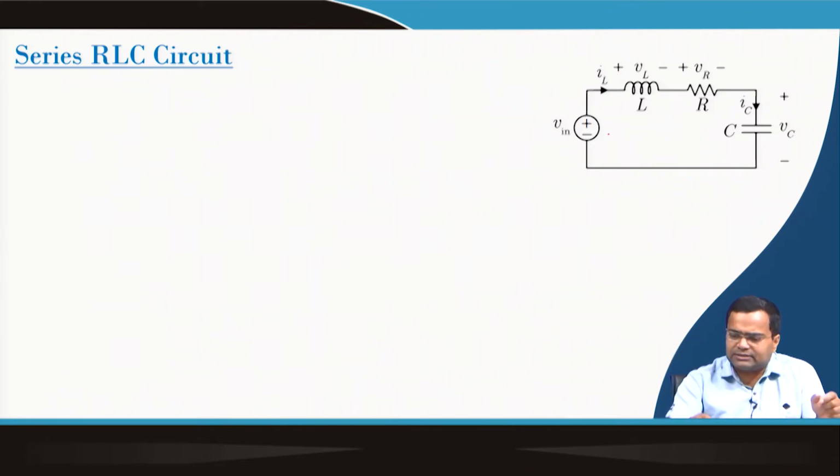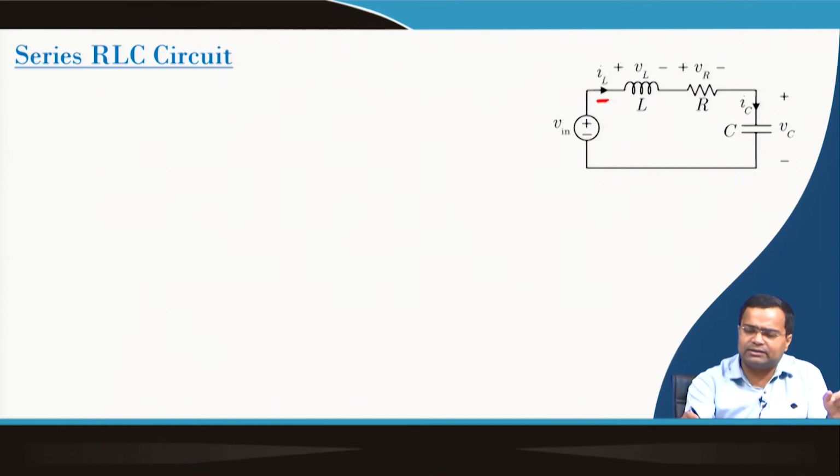For this series circuit, the series current IL is common through the inductance, capacitance and resistance, and I have denoted the voltage across each individual element: VL for the inductor, VR for the resistance and VC for the capacitor.